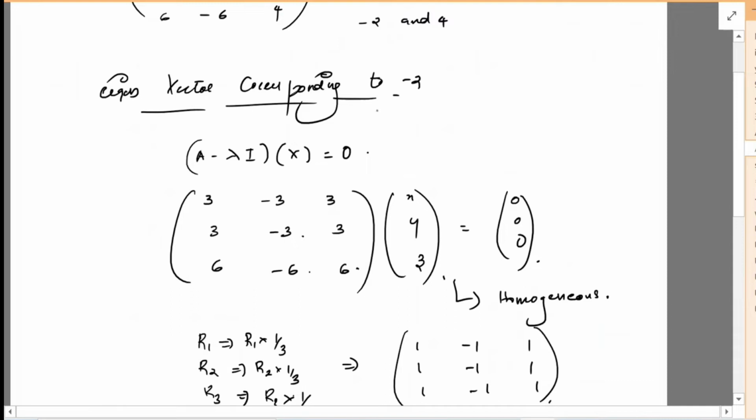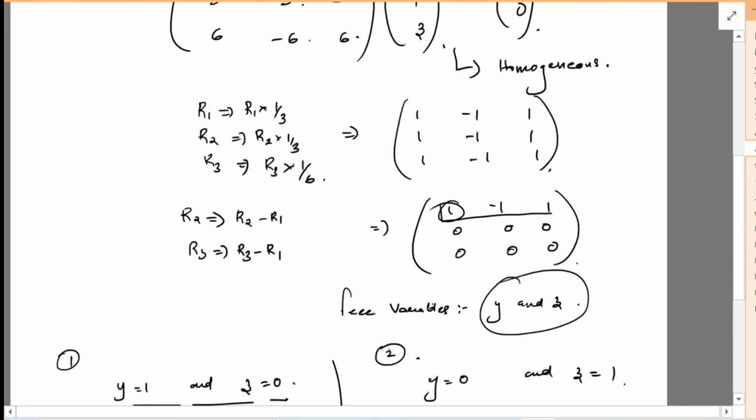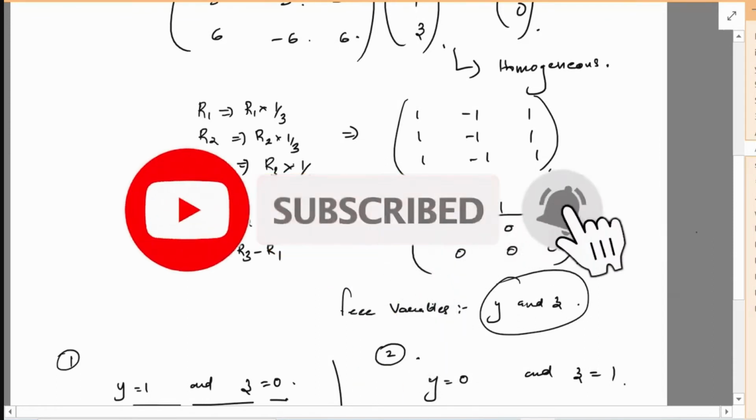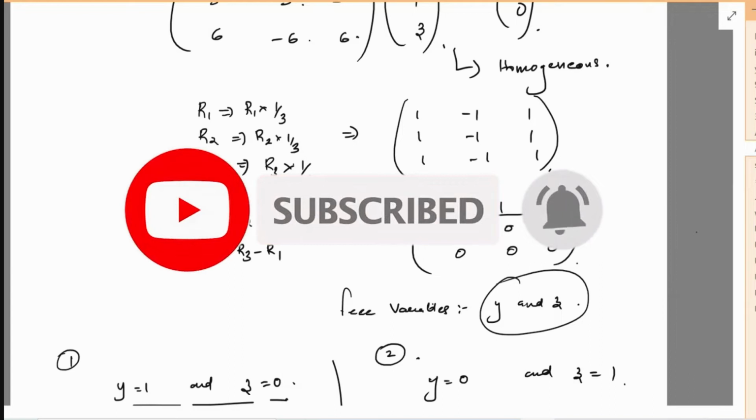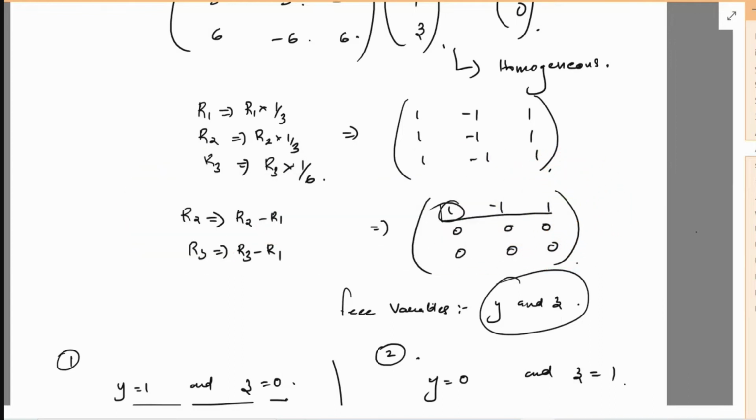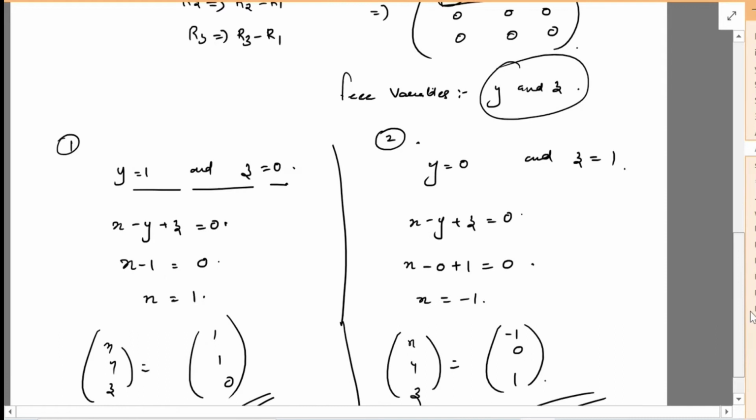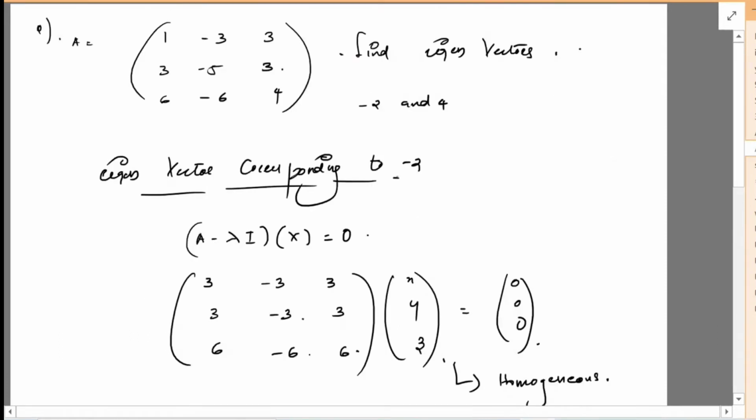Here we are finding two independent eigenvectors because we got two free variables. If we get three free variables, we have to find three independent eigenvectors. If we get 5 free variables, we have to find 5 independent eigenvectors. Here we got two free variables, so we are finding two independent eigenvectors corresponding to lambda equal to minus 2.